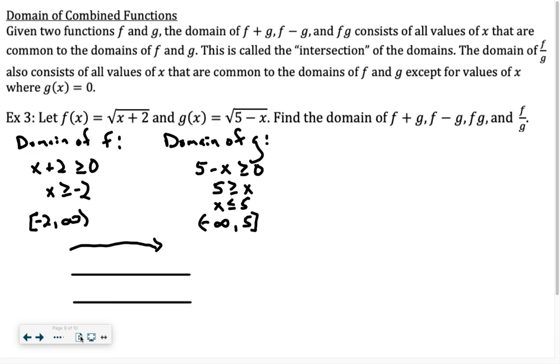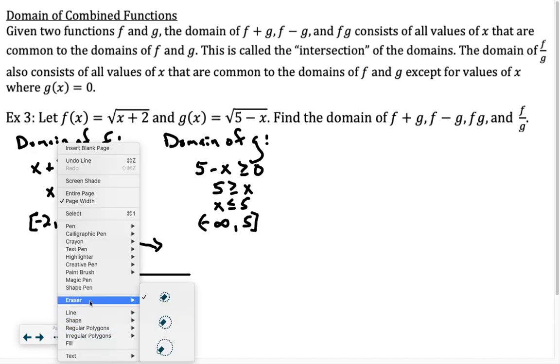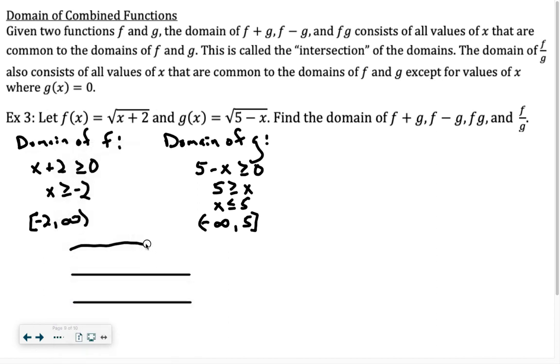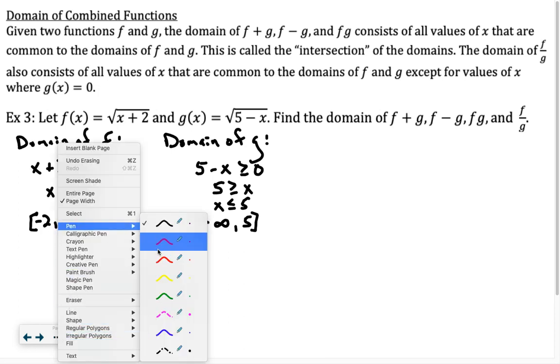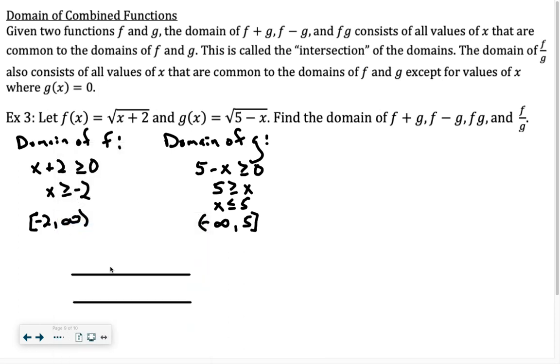Okay, so the domain here, we're saying we're going from negative 2 to positive infinity.